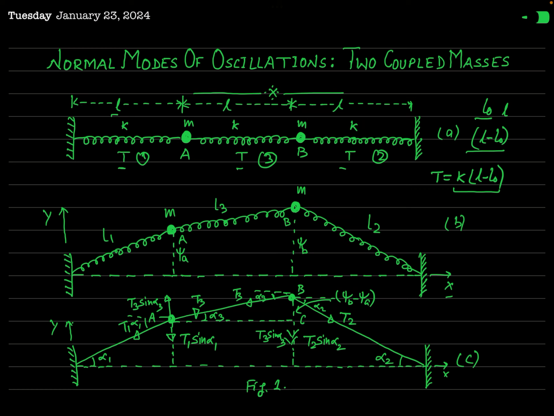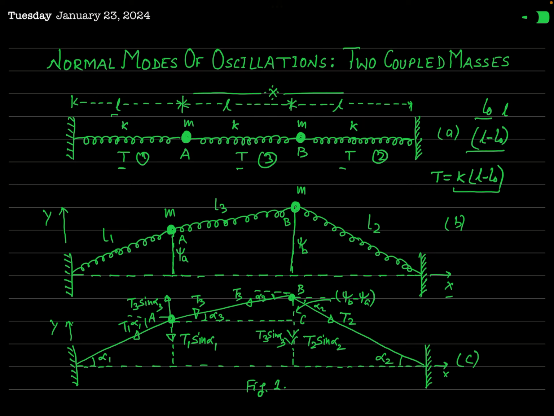I have shown in this figure B that mass A has been displaced by psi A in the y direction, and mass B has been displaced by psi B also in the y direction. After that the system is released.